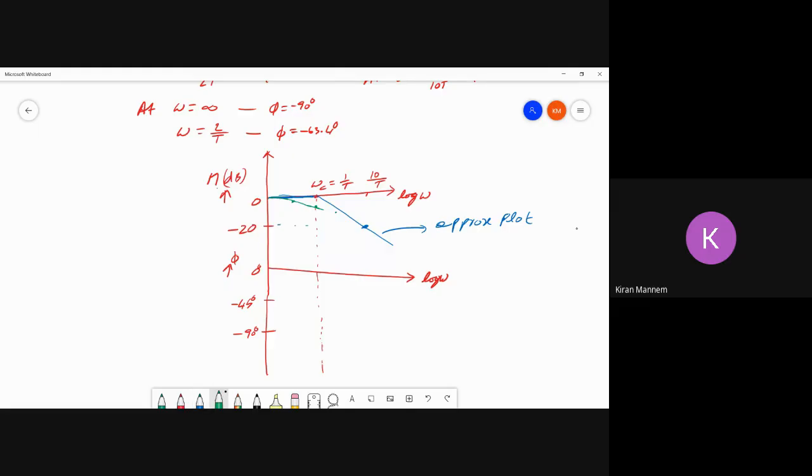Okay, anyway, I assume this is a smooth curve joining these points here, right? Maybe something like this. So this arch, you draw through all these points like this.